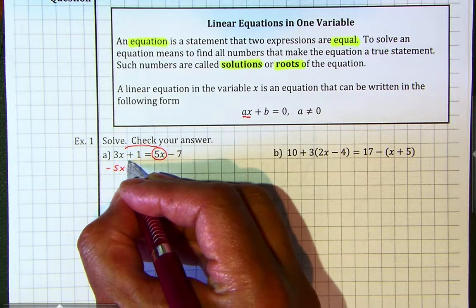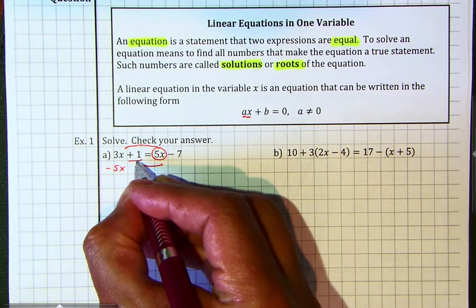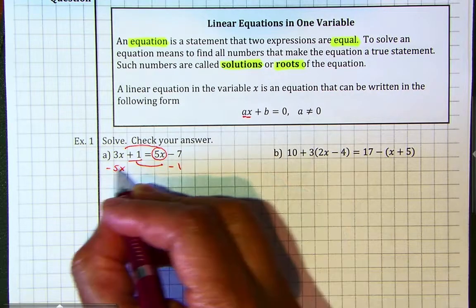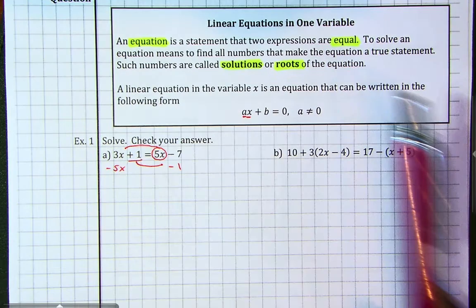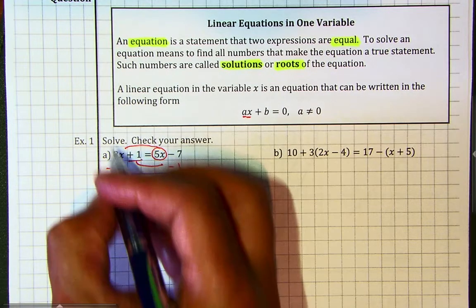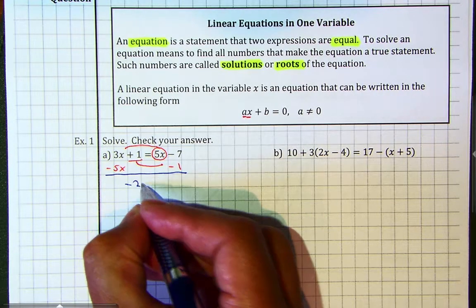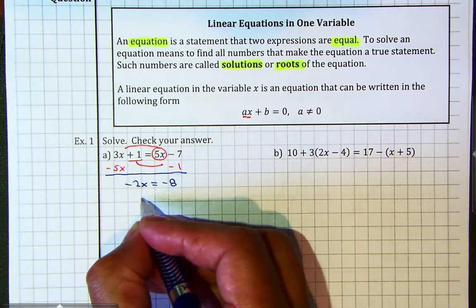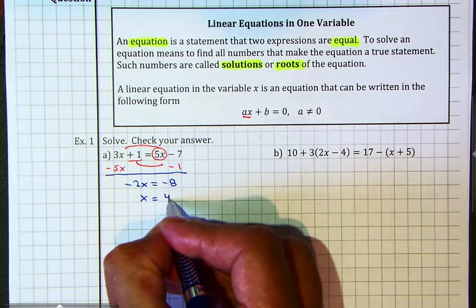I'm going to move my constant to the right. It's a positive 1, so we can say negative 1, or you can do minus 1 and minus 1. I actually go through this process because it makes it a little faster as we go into more challenging problems. Negative 2x equals negative 8. Divide by negative 2 on both sides, so therefore x equals 4.